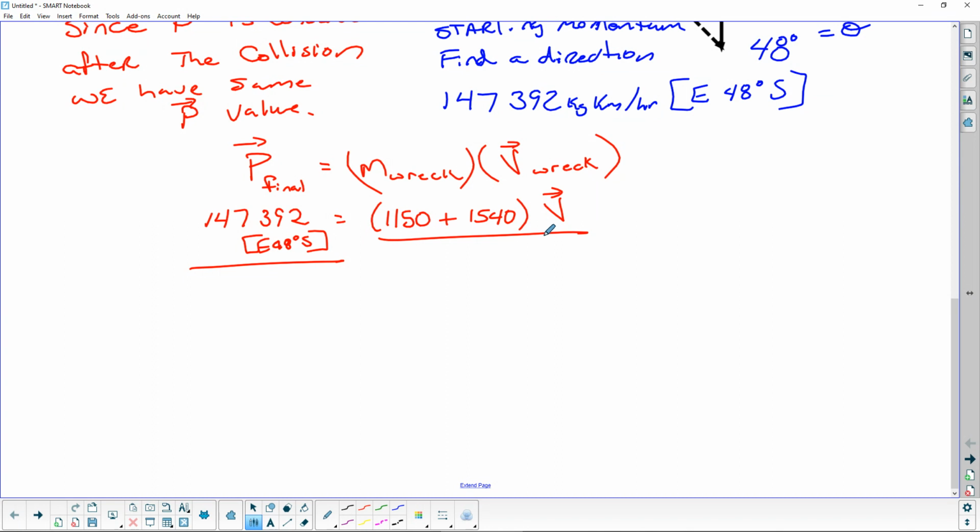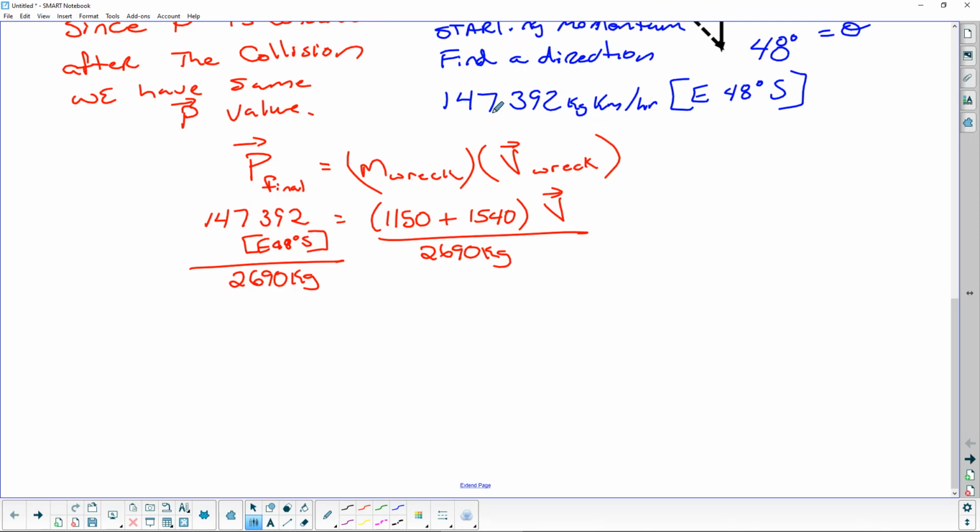So 1150 plus 1540, that's 2690. Okay, and then obviously what will be left will be kilometers per hour with the proper direction.